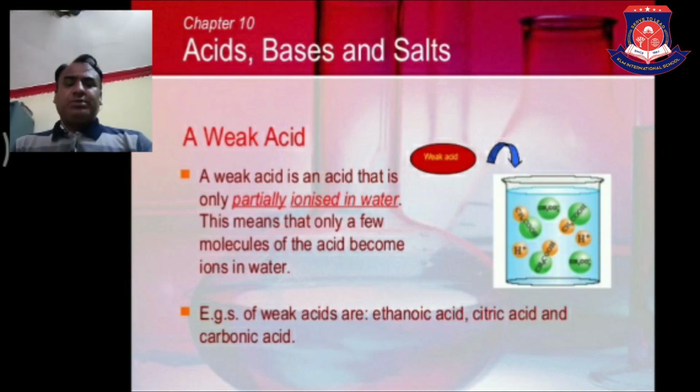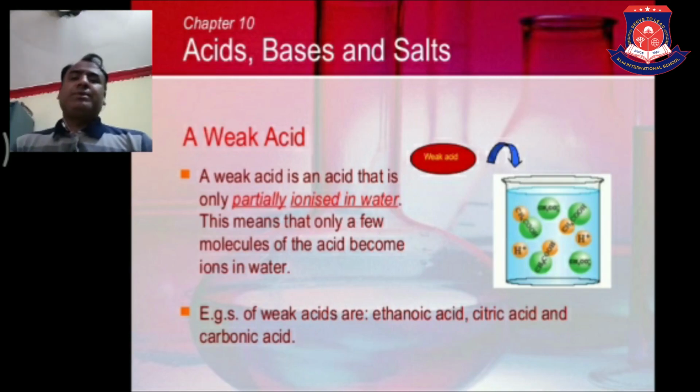But weak acids cannot be completely dissociated into ions. They are partially ionized in water, like ethanoic acid, citric acid, carbonic acid. You can take the example of CH3COOH, which is acetic acid. Acetic acid is a very weak acid because it cannot completely dissociate into H positive ions.